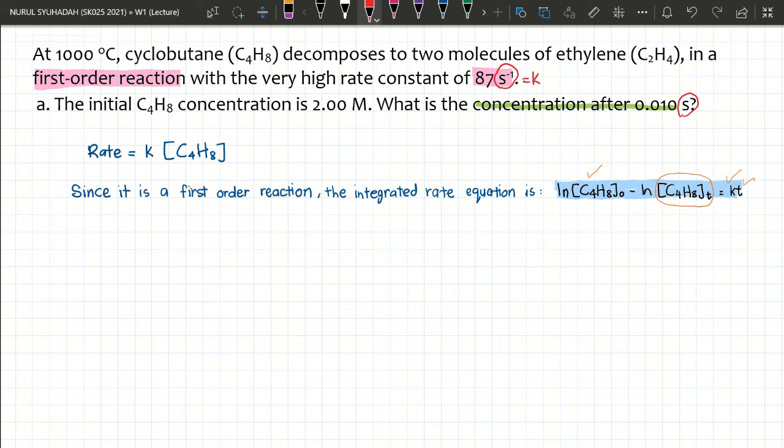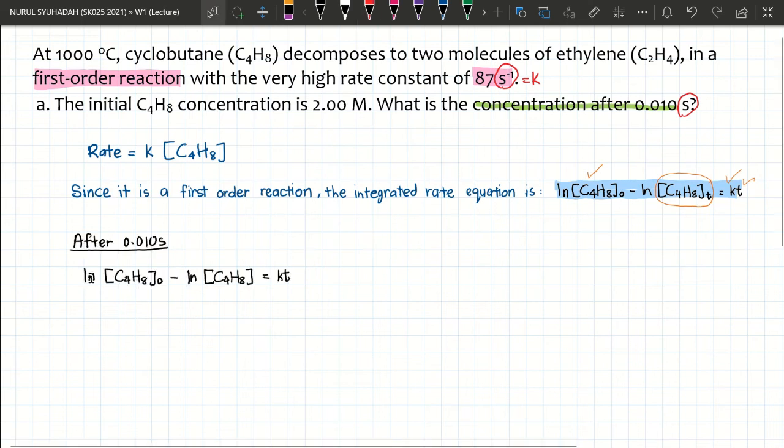So what you can do is change the time from minutes to seconds to match the rate constant. Now let's take a look at how to answer this question.